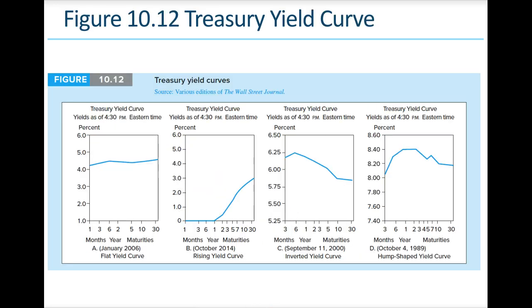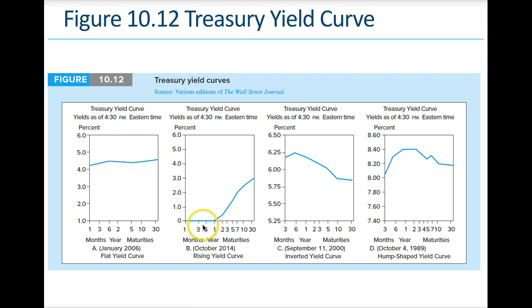So here is the yield curves that we have from different periods of time. This would be a pretty common upward sloping yield curve where the short-term rates are lower than the long-term rates, but there is a small dip here.